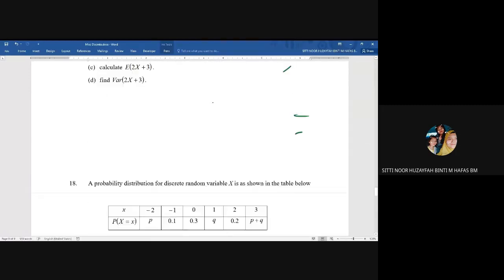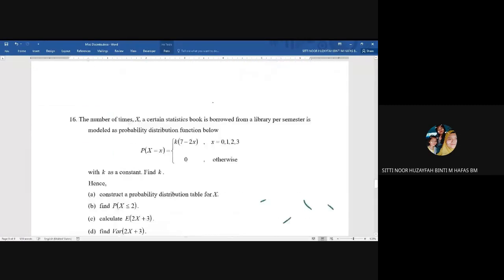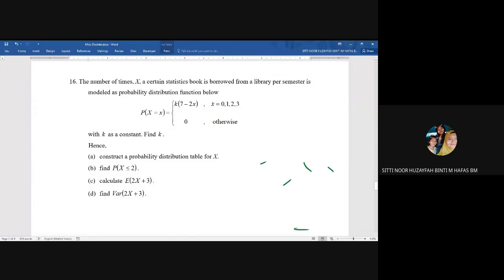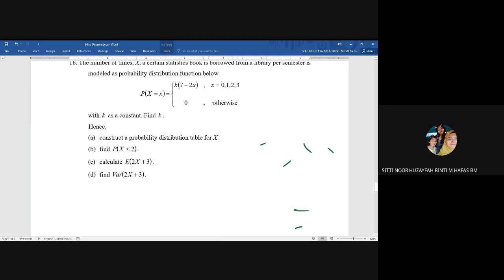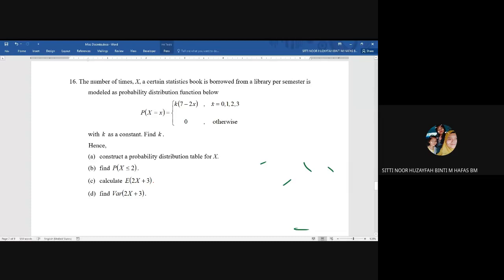If we have more time to discuss, we will discuss in the next lecture, or you can try on your own and please ask during the lecture. Our next lecture is on Wednesday, right? So we can continue on Wednesday, or you can ask during the lecture because I will continue discussing this miscellaneous question.